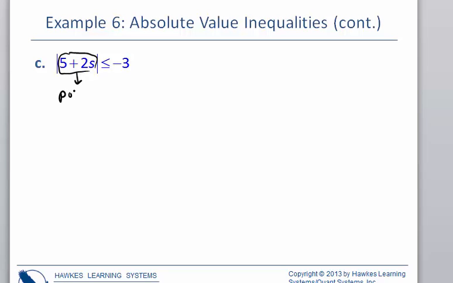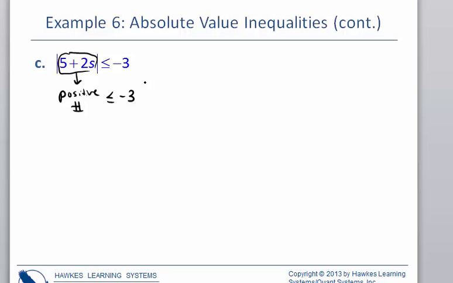It always makes it positive. And so our problem is basically saying what positive numbers are less than or equal to negative 3. And that's never going to happen. We're never going to take the absolute value of something, causing it to be positive, and then have it be less than or equal to negative 3.